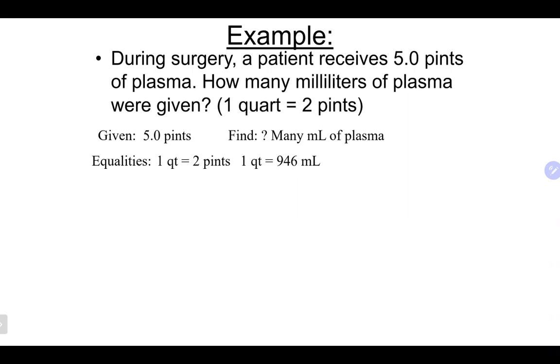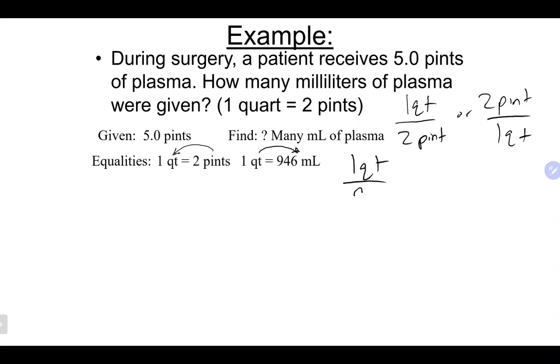One pathway would be, again, to go from pints to quarts, quarts to milliliters. Just like before, we could have our 2 conversion factors for each of these. Our 1 quart here, 946 milliliters.